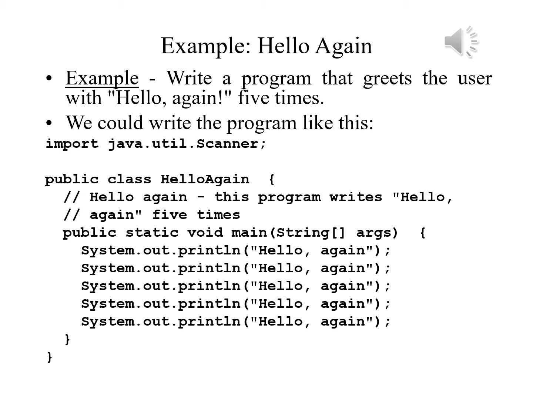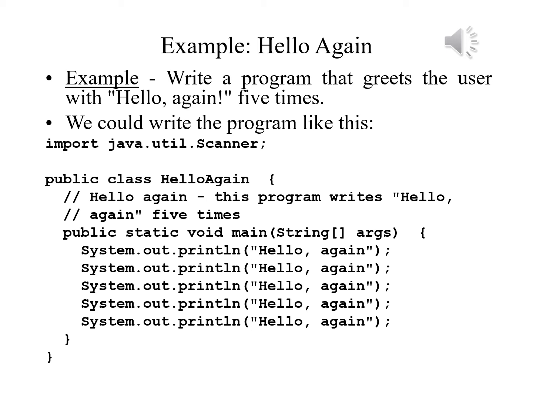Let's start out by looking at a program that will greet the user with the line "Hello again" 5 times. I could write the following program: import java.util.Scanner, public class HelloAgain, and in the comment, HelloAgain, this program writes hello again 5 times. And now let's take a look at the main method.